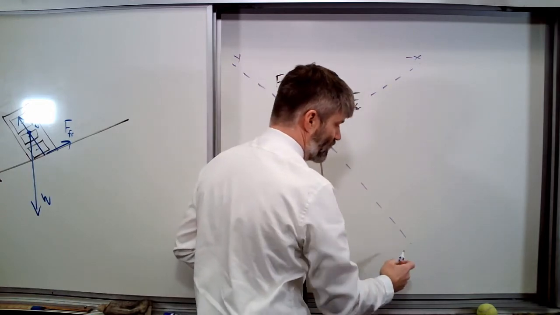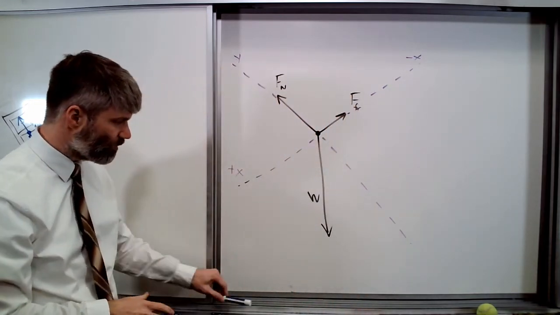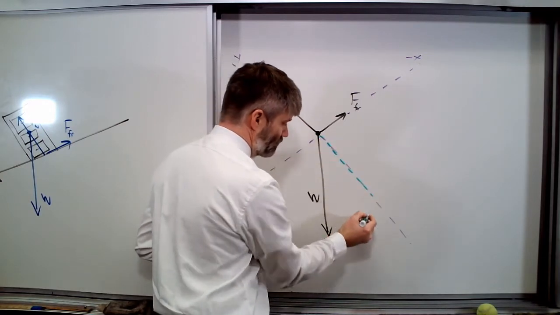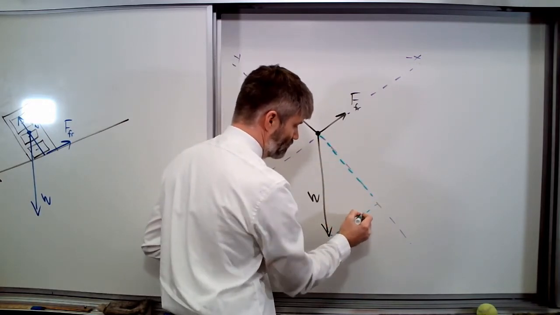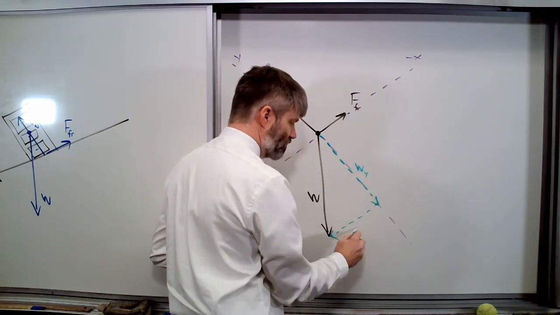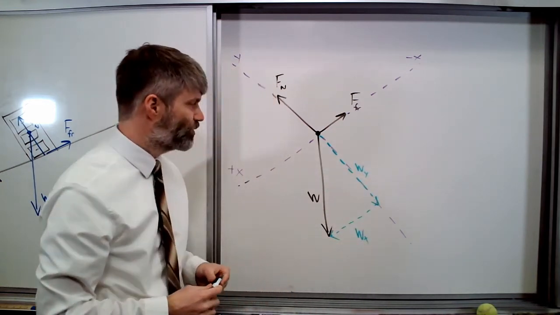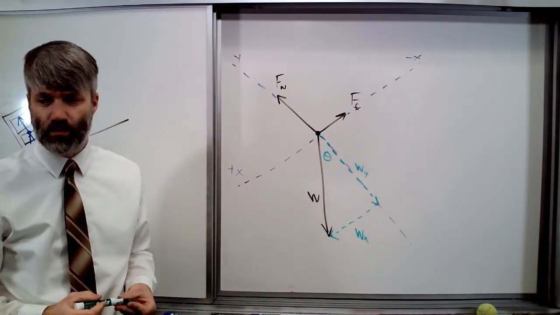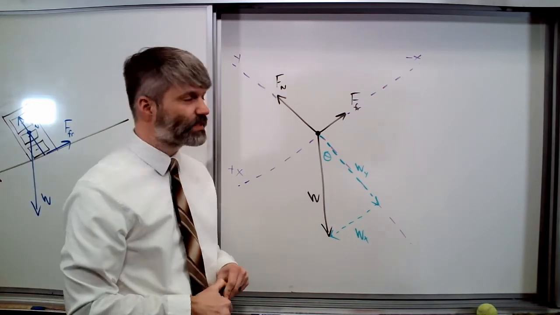Y will be roughly conventional. We'll still have these components of the weight. That's the weight's y component and the weight's x component. This angle now is a mystery to us, and we're trying to find out what that is.